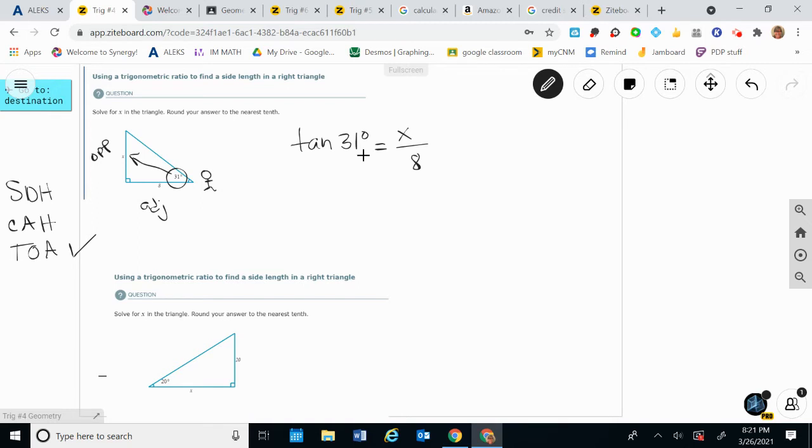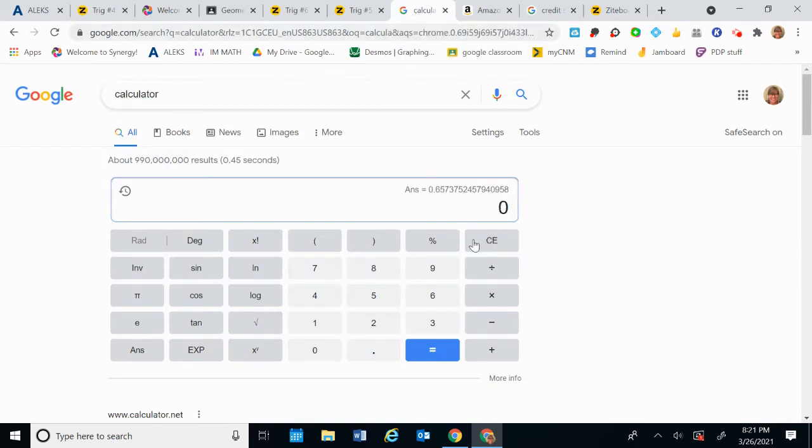Just use your proportions. You know how to solve this. Get rid of the denominator. You don't like a denominator? Get rid of it. And that's what you plug into your calculator. Practice it at home if you need to. It's 8 times, and make sure we're in degrees, 8 times tangent of, was it 31?